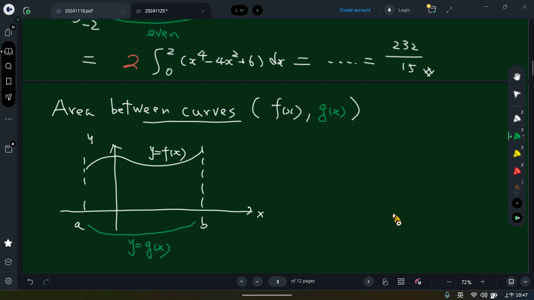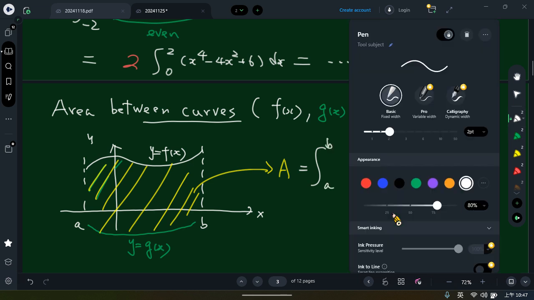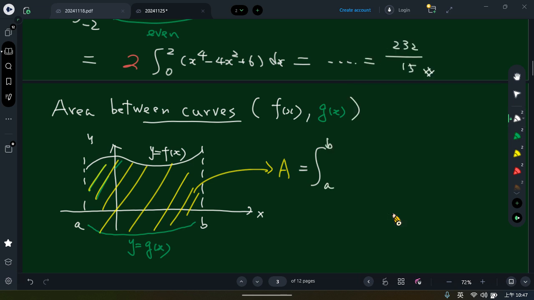So based on this idea, if you want to get the area A here, A will be the integral from a to b, where the upper one is f of x minus the lower one, then dx.